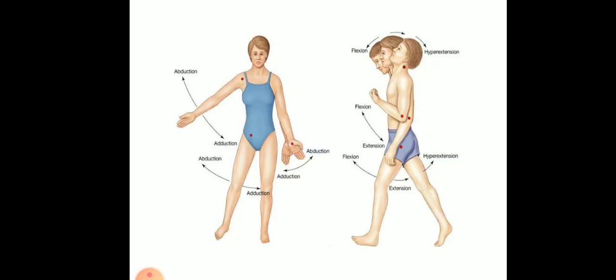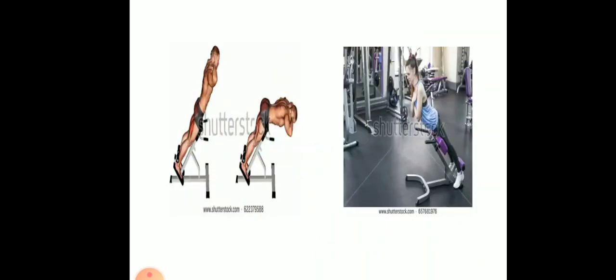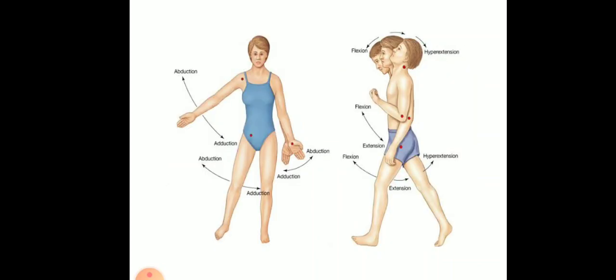In circumduction, a part moves in such a way that its end follows a circular path, such as moving a finger in a circular motion without moving the hand. So this is adduction, then abduction, then flexion and extension.